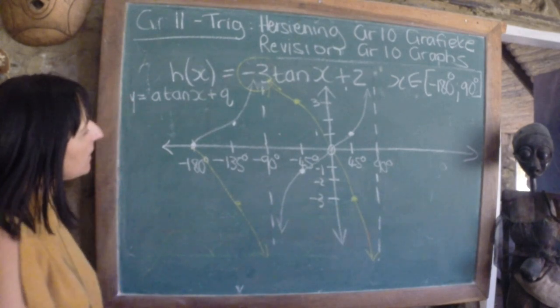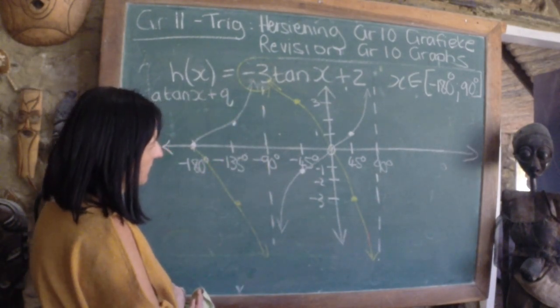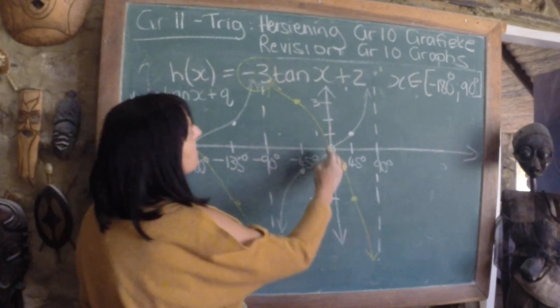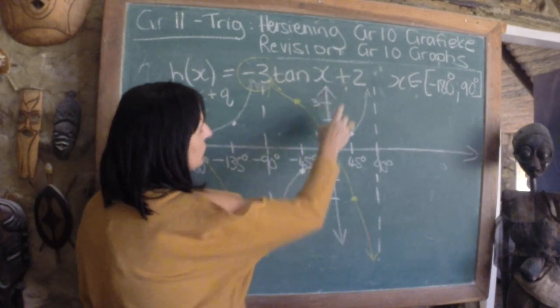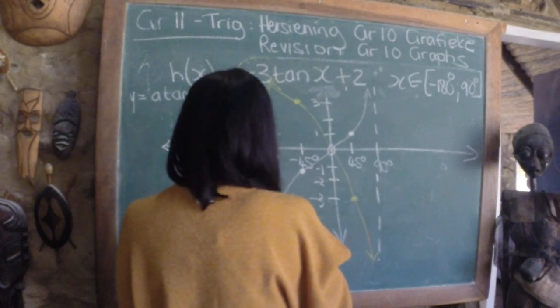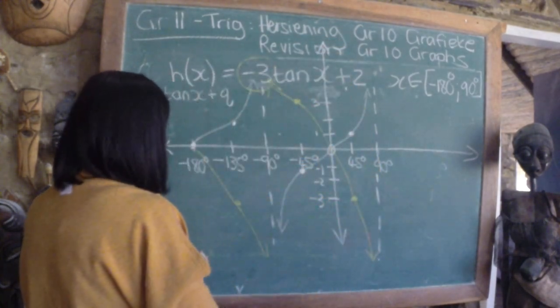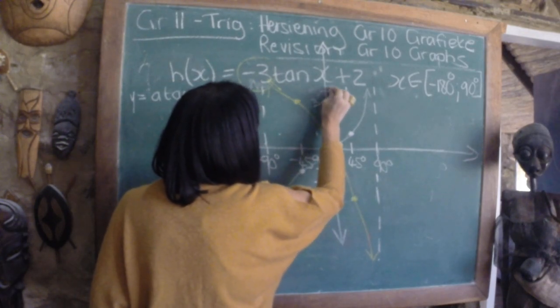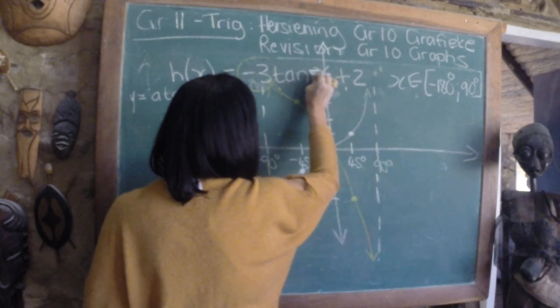Okay, but that's not all that happened. That's when I take the minus 3 into account. But this yellow graph now shifts 2 units upwards. So I must shift all the points 2 units upwards. So let's do a 4 and a 5 over there.